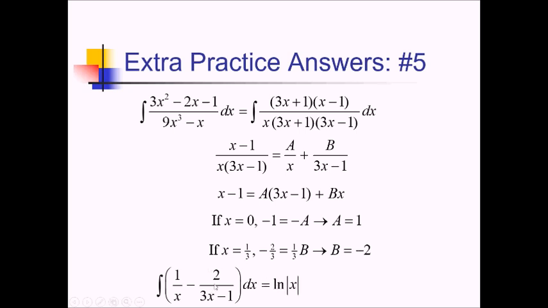This next one I have to be a little bit careful. I have a 2 out in front initially. I'm going to have an ln of absolute value of 3x minus 1, but because this is a linear inner function here that doesn't have a derivative of 1, I have to divide by that derivative of 3. So I eventually end up with negative 2/3 ln absolute value of 3x minus 1. And don't forget that plus C.